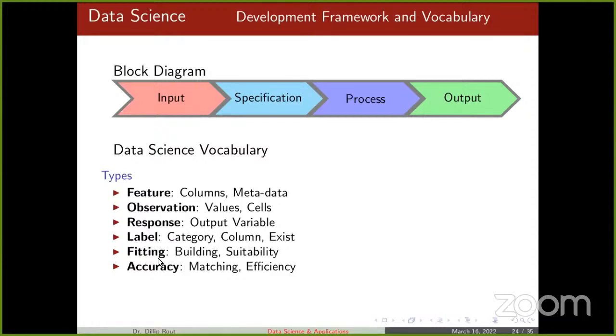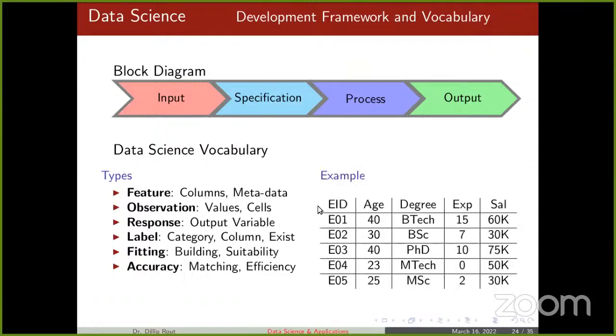And what is fitting? We have to build a model, then find out its suitability, what the accuracy is, the matching efficiency, etc. For example, here we have the data with these features: 1, 2, 3, 4, 5. Suppose we have to predict the salary. Given all these details of the employees, we have to predict the salary of the next employee.